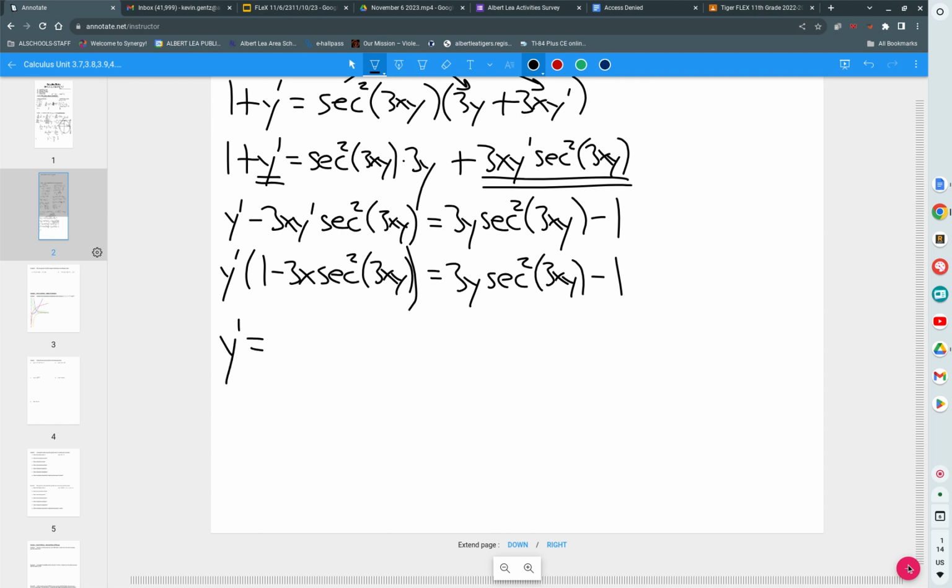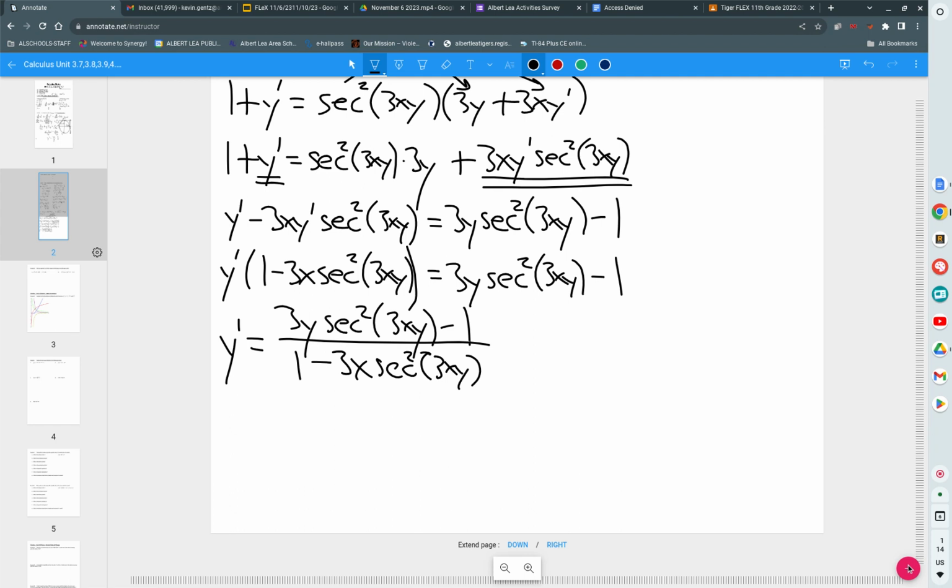Y prime is equal to 3y secant squared of 3xy minus 1, over 1 minus 3x secant squared of 3xy. Looks ugly. Very common result.